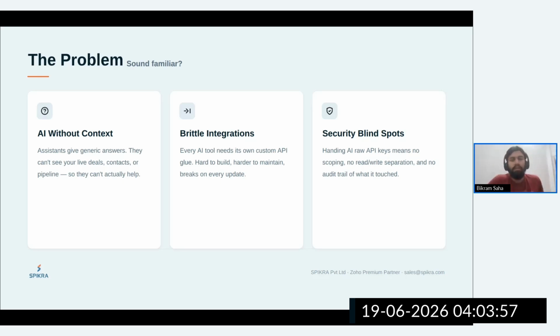But after the launch of MCP, it created one standardization in between those two layers. So your Claude is sitting here, and your platform, let's take the example of CRM, your CRM is sitting here. In between, you are adding one layer which can understand the API layer, which is the Zoho CRM API layer, and it can also understand Claude's context layer, so that it can talk between the layers.